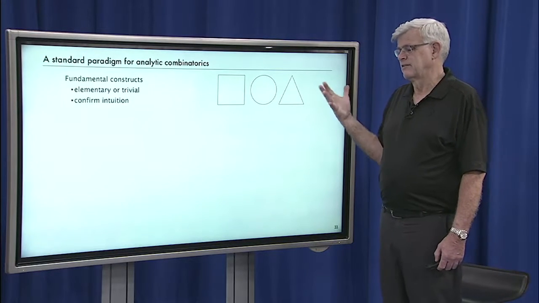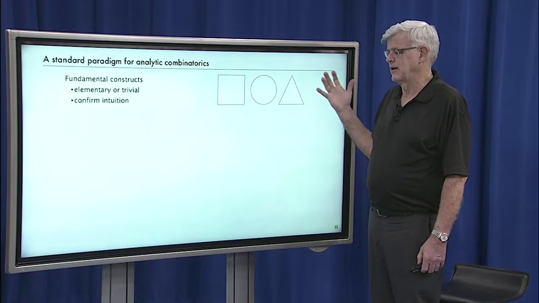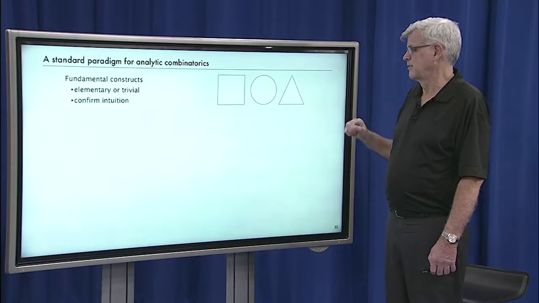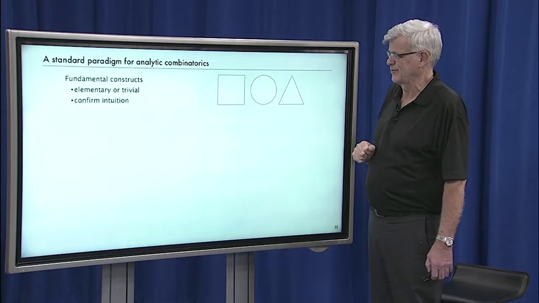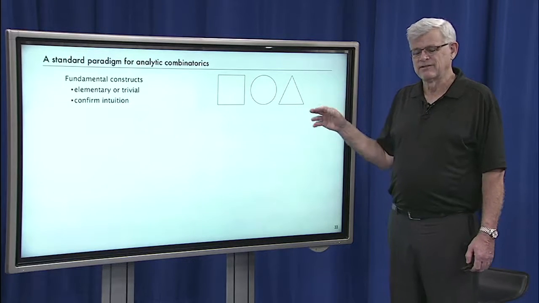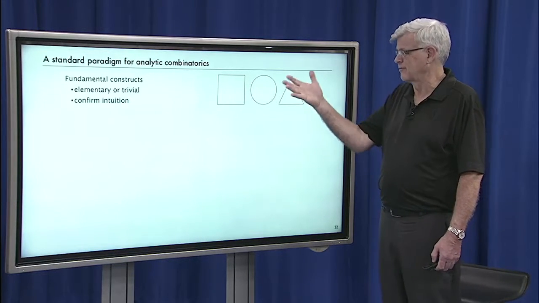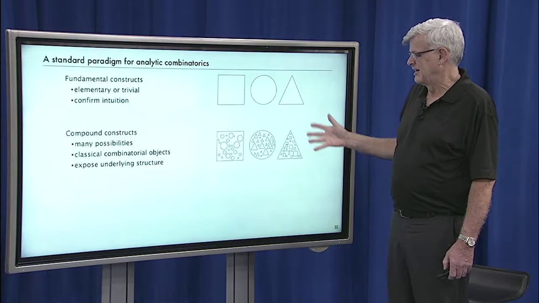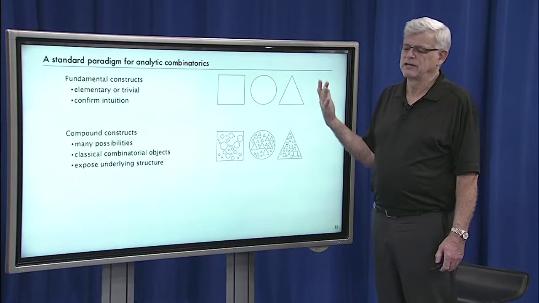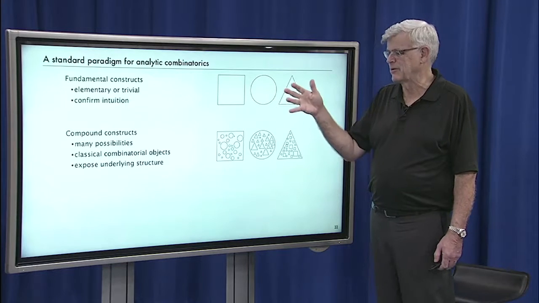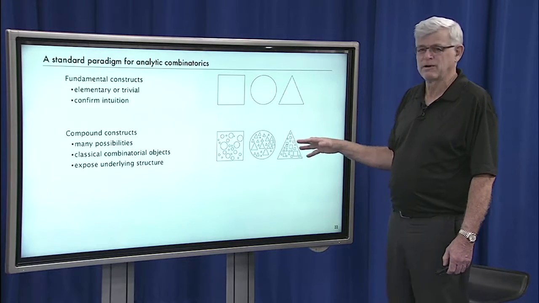And again, this is a repeat from the last lecture, but it's similarly true for labeled objects. The simple constructs that I've shown are quite elementary and confirm our intuition, but we can use the constructions to build up compound constructs in many different ways.